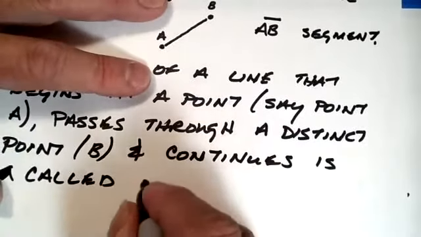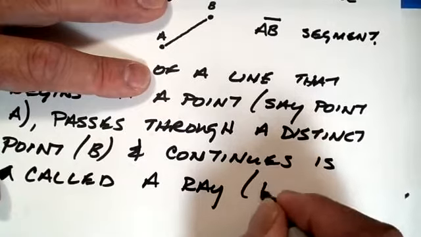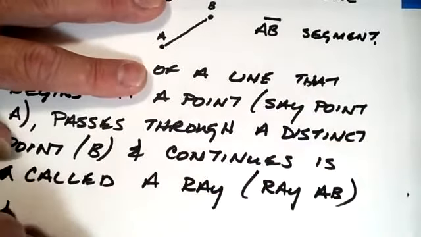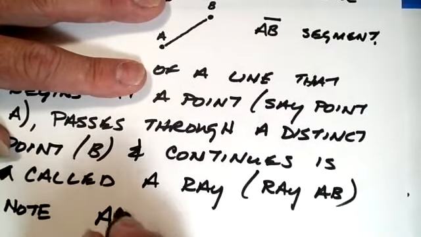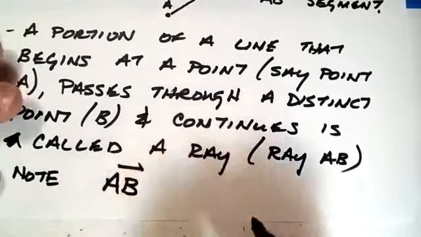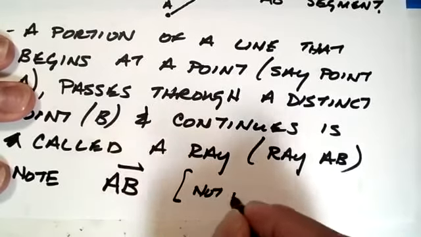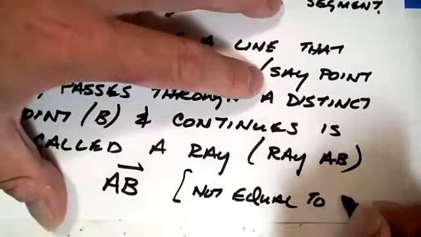Well, in this particular case, it's ray AB, and the notation for that is AB with a one-way arrow. Now, understand, and sort of as an aside, this is not equal to BA.